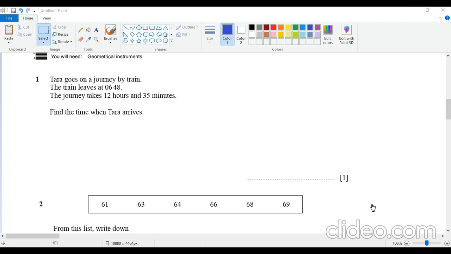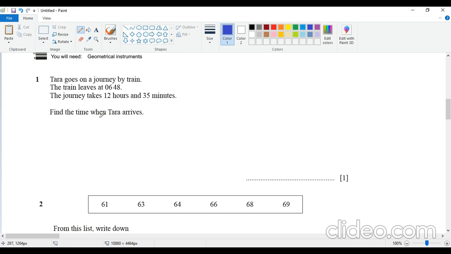You can see that the train leaves at 6:48, 6 hours and 48 minutes, and we are going to add 12 hours and 35 minutes. So it's going to be 19 hours and 23 minutes.